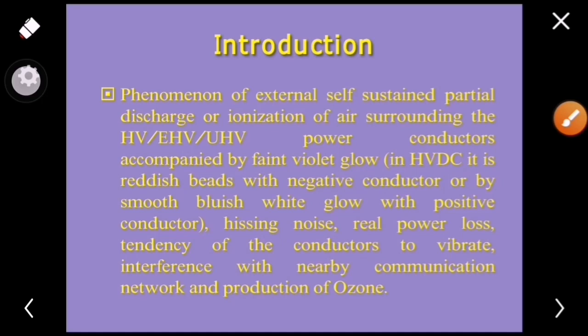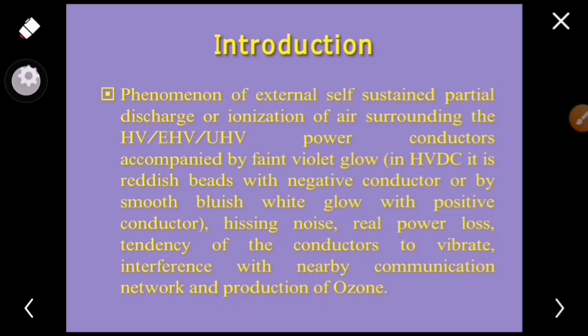Hence, corona can be defined as a phenomenon in case of EHV and UHV AC transmission lines as ionization of air surrounding the conductors, which results into generation of faint violet glow on the surface of AC conductors, hissing noise, real power loss, tendency of the conductors to vibrate, interference with nearby communication networks, and production of ozone.